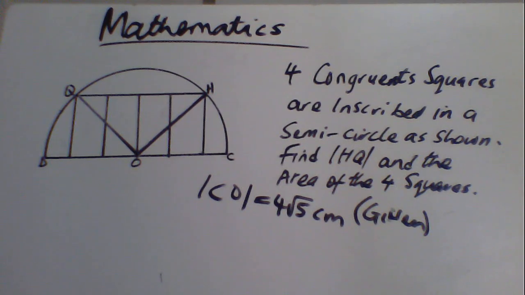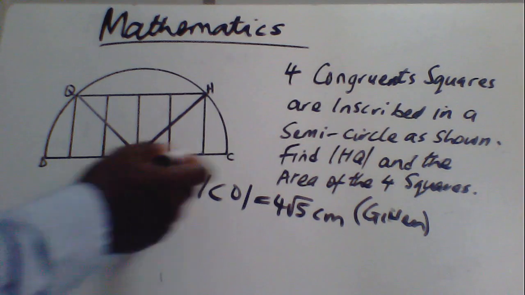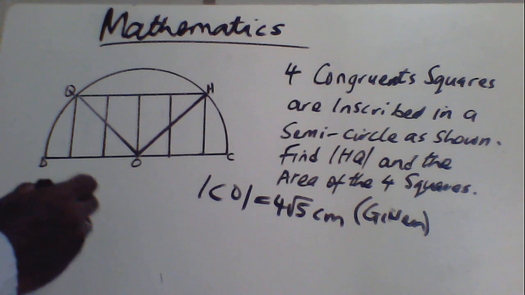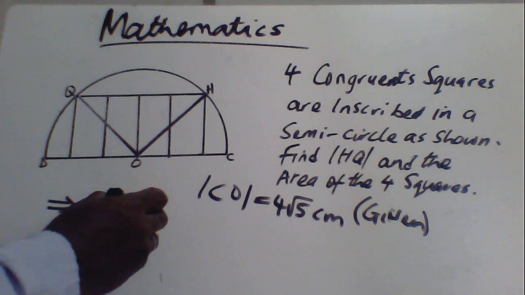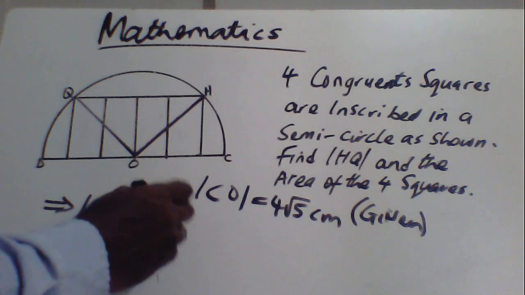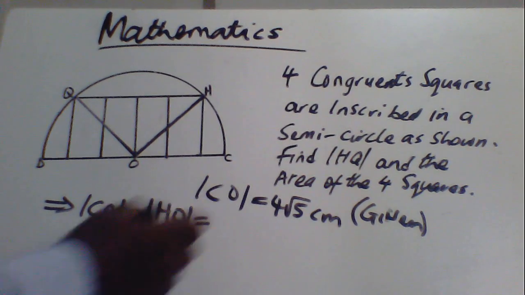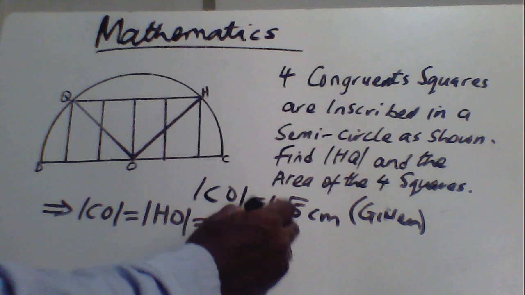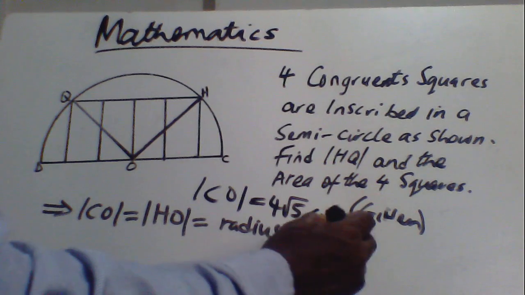Alright, so let's proceed. Since CO is given, we have to know that CO is equal to HO. The reason is, radius of the semicircle.